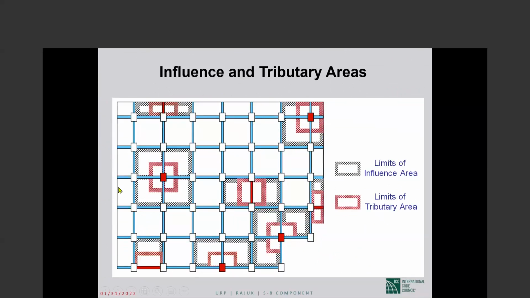For this column, this is the tributary area, this is the influence area. This overhanging beam, this is the tributary area, this is the influence area, and so on and so forth for everything. For this column, this is the tributary area, this is the influence area. So this is a very nice picture.